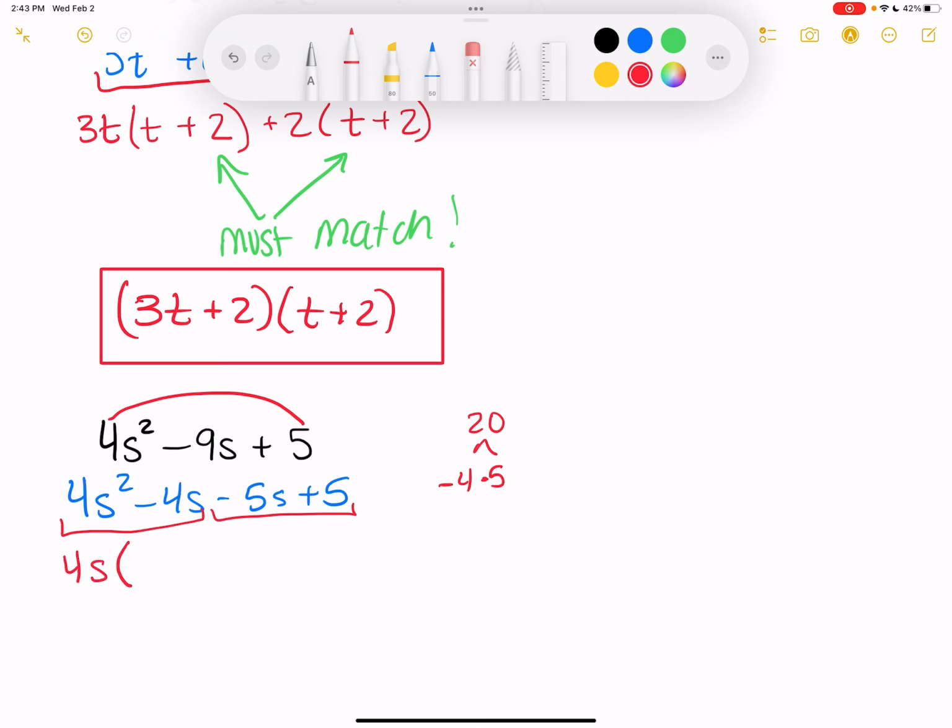What does that leave me with? You're right so far. What's left over when I take a 4s out of 4s? 1. All right, and then what can I take out of here?